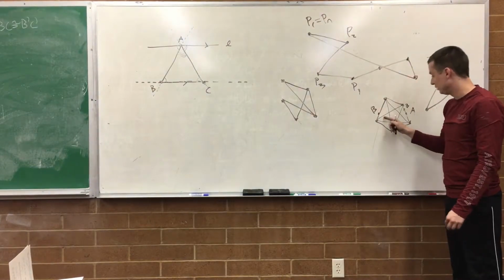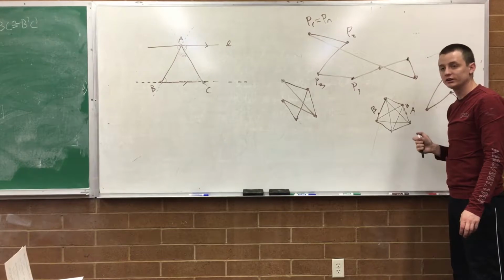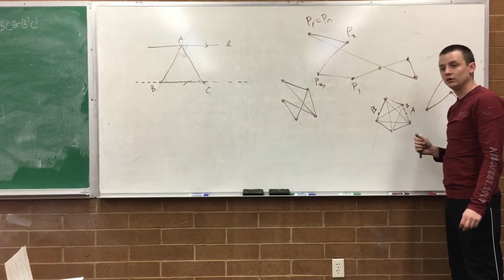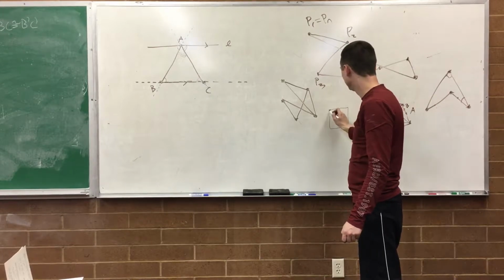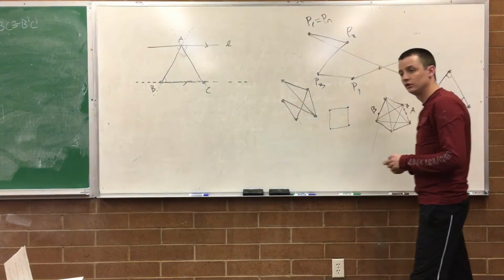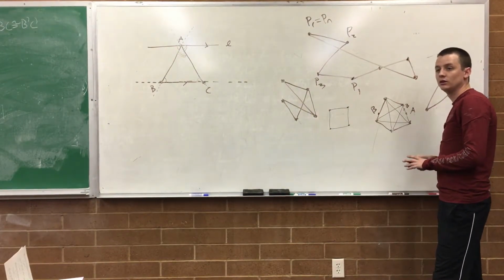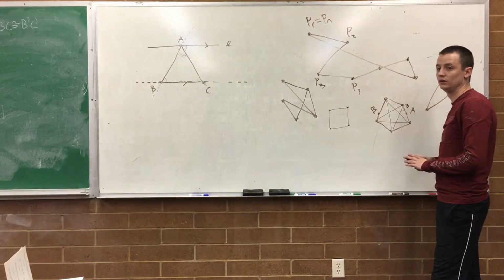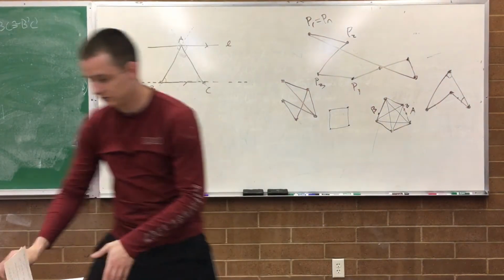All the line segments joining non-adjacent vertices are called diagonals. How many diagonals in a square? 2. How many diagonals in a triangle? 0. Good. So I think you got the idea of a diagonal.